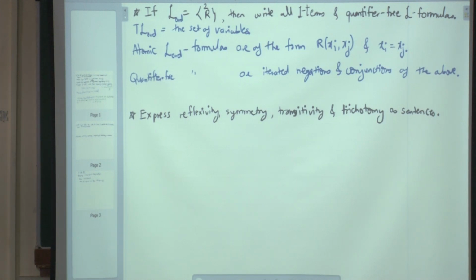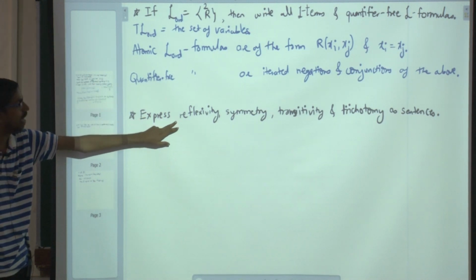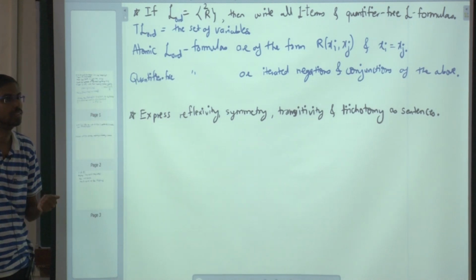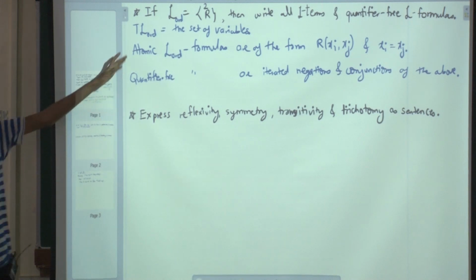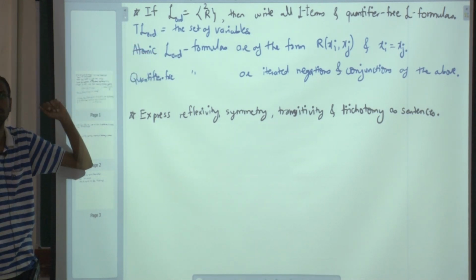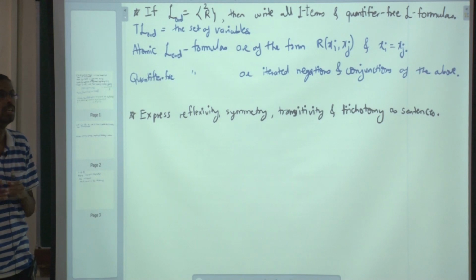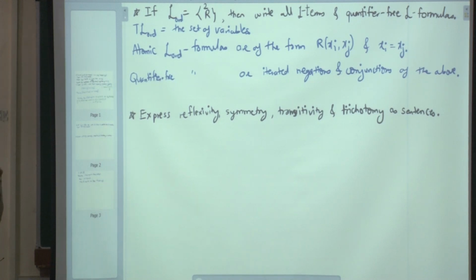Okay, so in the same language, now express reflexivity. You all know the definition of reflexivity. When is R a reflexive relation? Tell me. R of A comma A for all A. But A is not the right variable name. For all W. Very good. So for all W, what should I write?